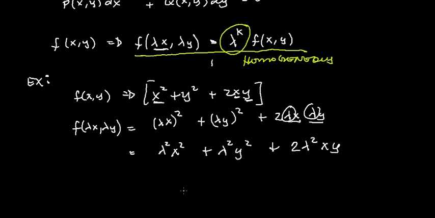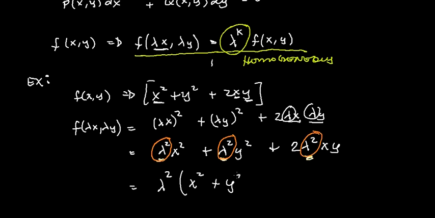And as you can see here, we can now factor out lambda squared, or lambda with degree 2. So all in all, we have lambda squared times (x squared plus y squared plus 2xy).